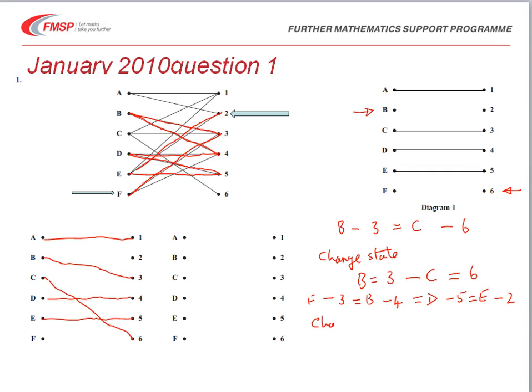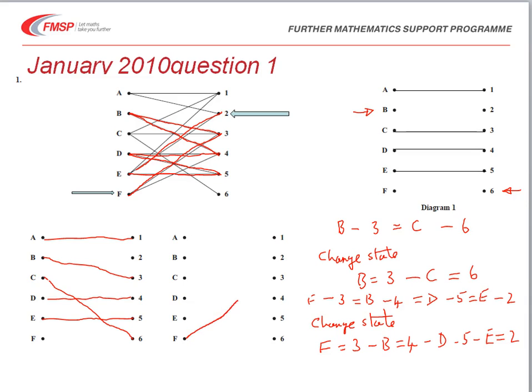We change the state of that, so we get F 3, B is now doing 4, D is doing 5, and E is doing 2. And it's those I will put onto the diagram first of all to make sure we get them correct.